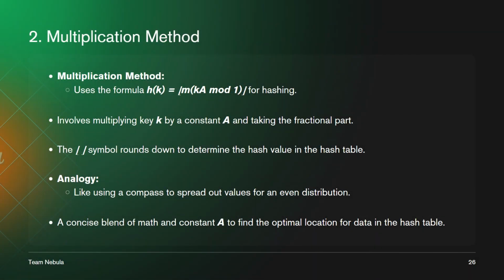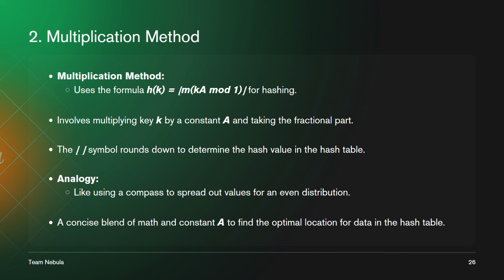Alright, let's continue our journey through hashing by exploring the multiplication method. This method involves a bit of mathematical magic to find the right spot for our data in the hash table. The formula we use here is this. Now, what's all this about? Let's break it down step by step.